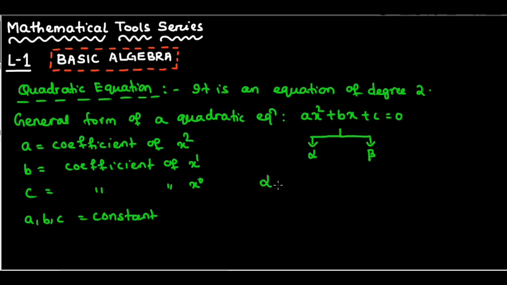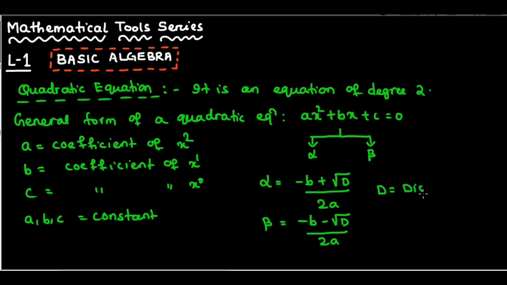Remember that alpha is equal to minus b plus square root of d, divided by 2a, and beta is equal to minus b minus square root of d, whole divided by 2a. What is d? D is known as the discriminant of the quadratic equation, and d is equal to b square minus 4ac.